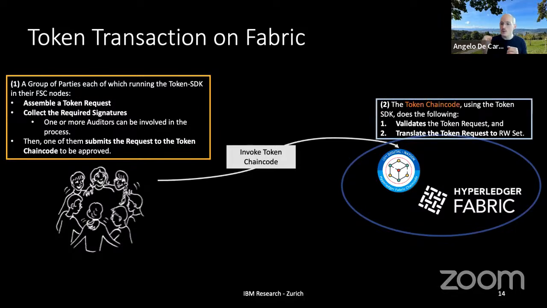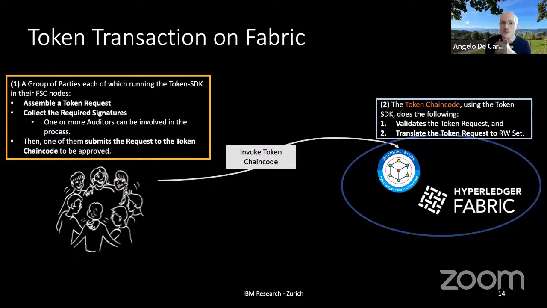Now the token chaincode does two specific things. It validates the token request. It checks, for example, that all the zero knowledge proofs are correct, and that all the invariants of the payment system are satisfied, like only the legitimate owner must transfer the tokens, and no money out of the blue is created by the system.